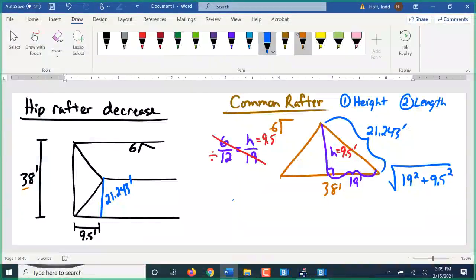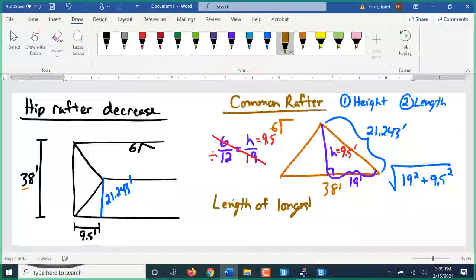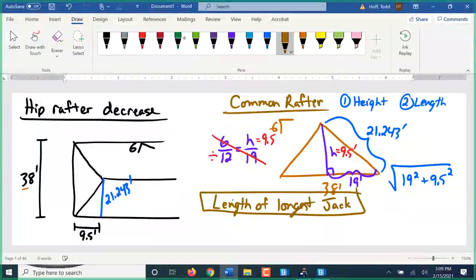The next step is generally defined as the length of the longest jack. Longest jack would be this one over here.